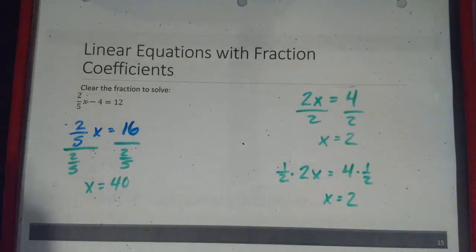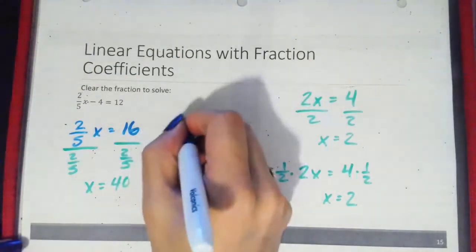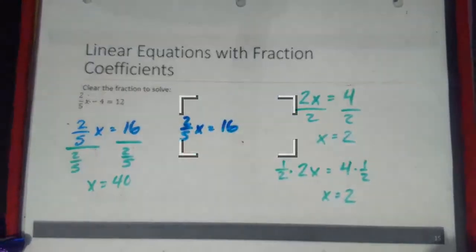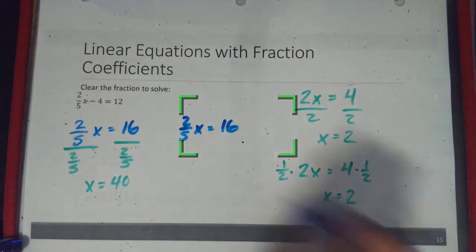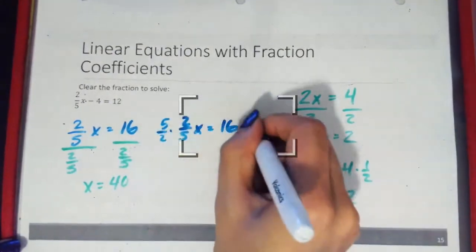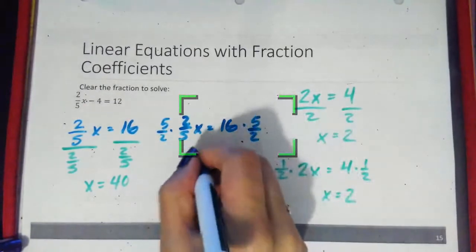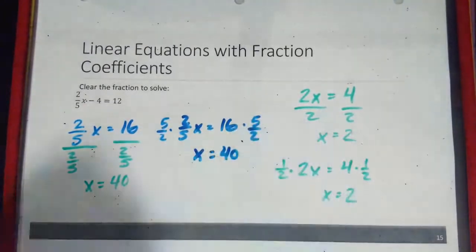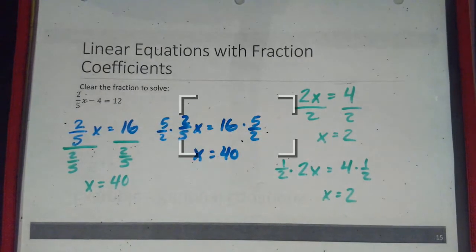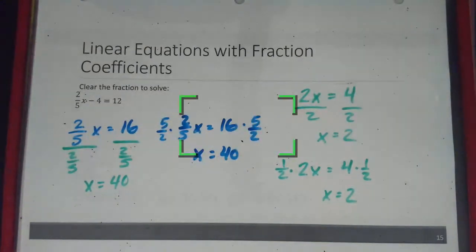Looking at the example I was given, if we have 2/5 x is equal to 16, I could instead multiply by the reciprocal of 2/5, which is 5/2. And that will still get me to x equals 40. So it doesn't matter how you go about it, as long as you're getting rid of that coefficient on x, we're in a good place.